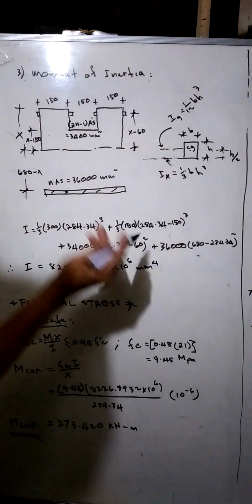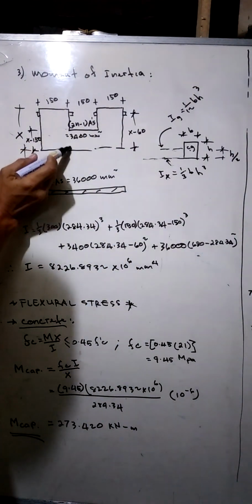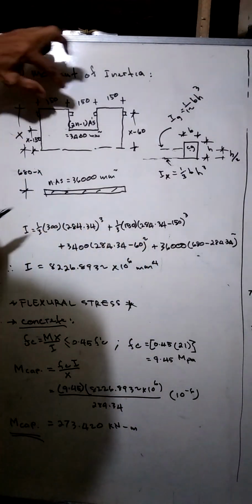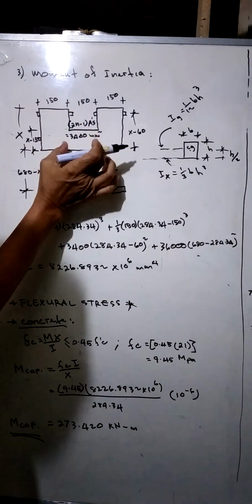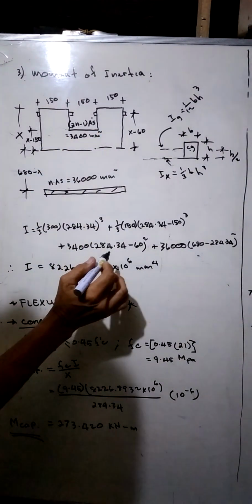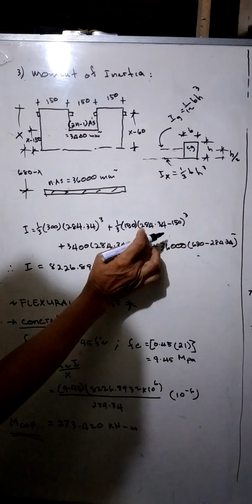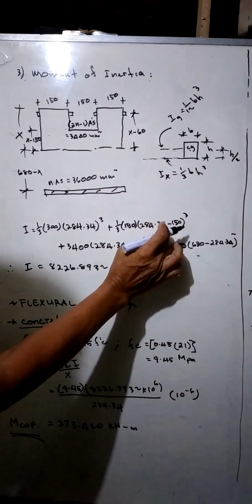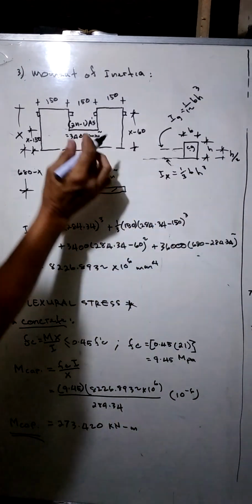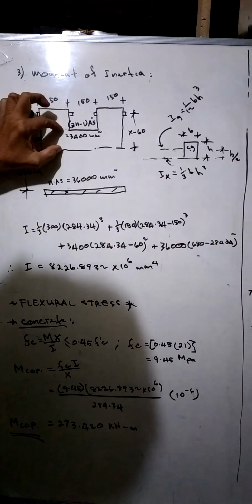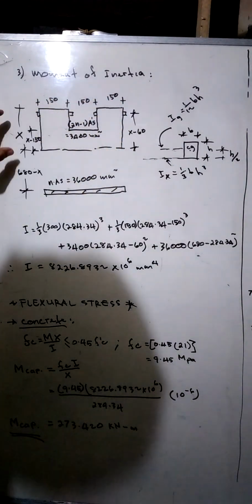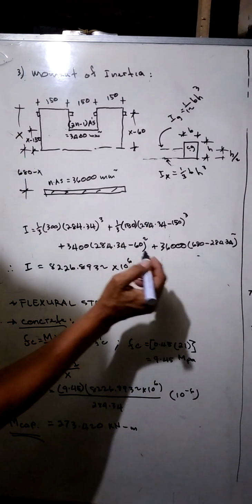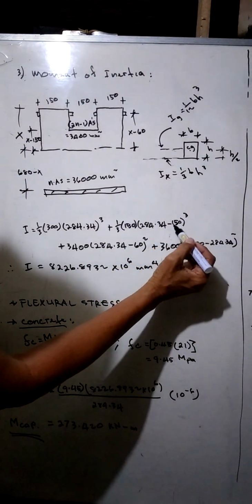Then plus this one, this is rectangular, 1/3, 150 times 284.34 minus 150, to the third. This height is x minus 150.